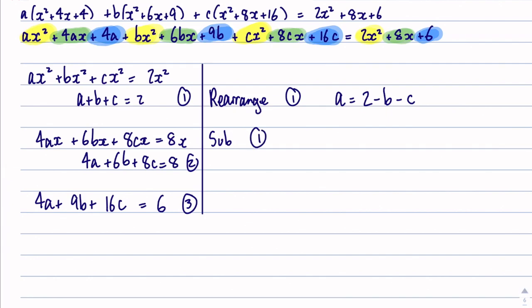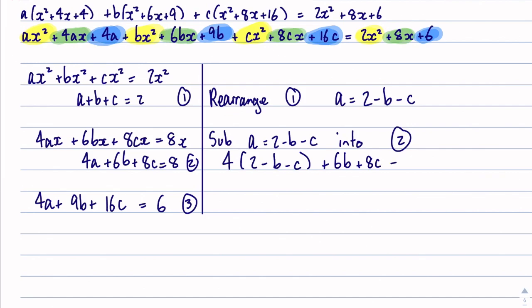So I'm going to substitute a equals 2 take b take c into equation 2. I'm going to get 4 times this thing, 2 take b take c, plus 6b plus 8c equals 8.